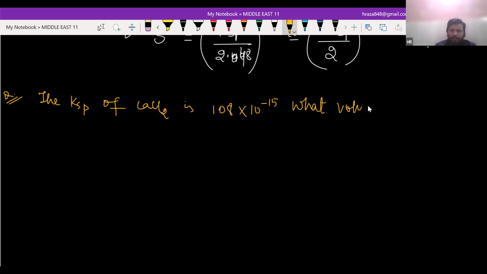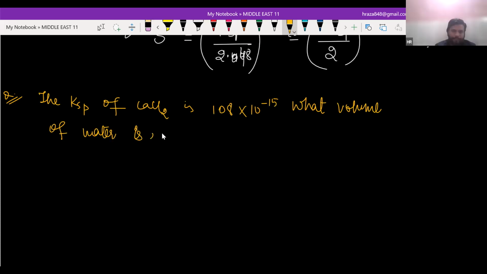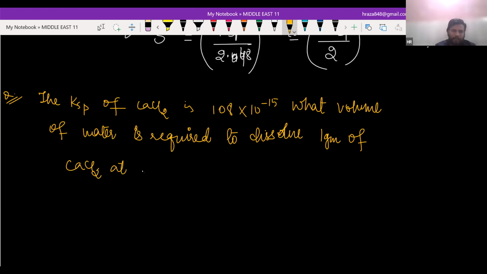This is your homework. What volume of water is required to dissolve 1 gram of calcium chloride at 25 degrees centigrade?